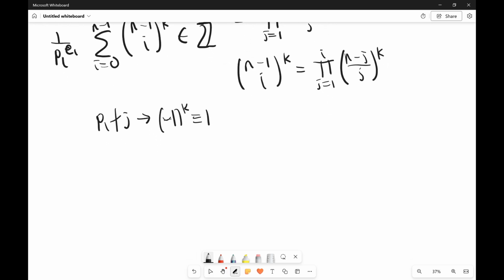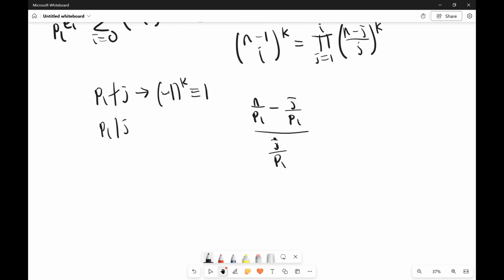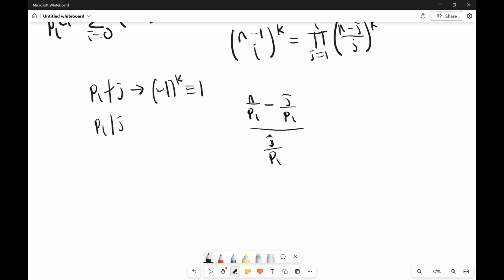So the real issue arises whenever p_l divides j, but then we can simplify this fraction because we get n over p_l minus j over p_l over j over p_l. And that explains why we got our old binomial coefficients, because n minus 1 choose i to the k is equivalent to, then we reindex it in terms of multiples of p, j prime equals 1, and then we go all the way to floor of i over p, because that goes to the largest multiple of p right below i.